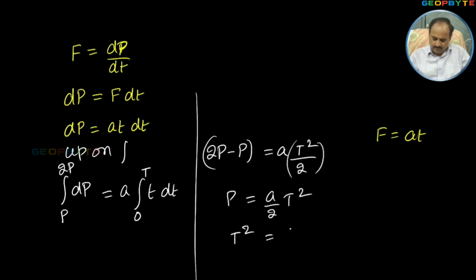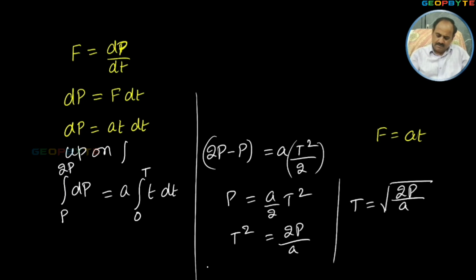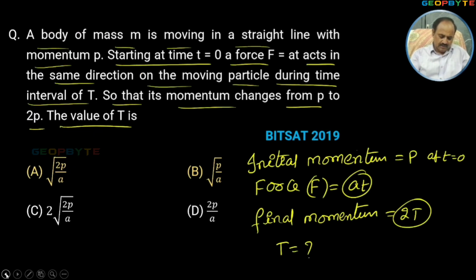From this, t square equals 2p by a, or the time t equals root over 2p by a. That is the answer. Look at the option. Option A itself is absolutely correct. Understood clearly? Yes.